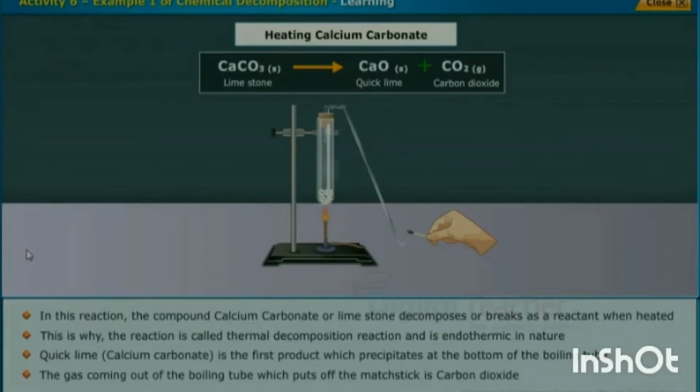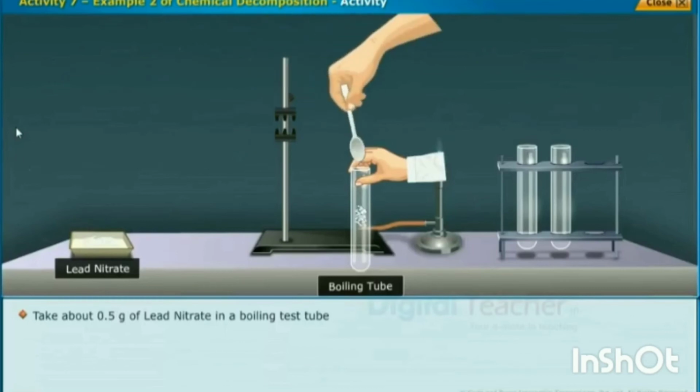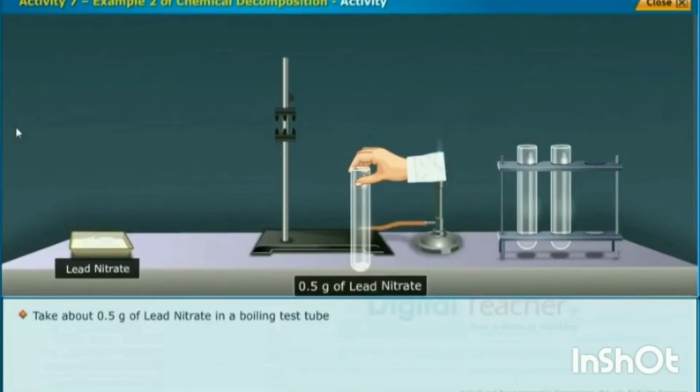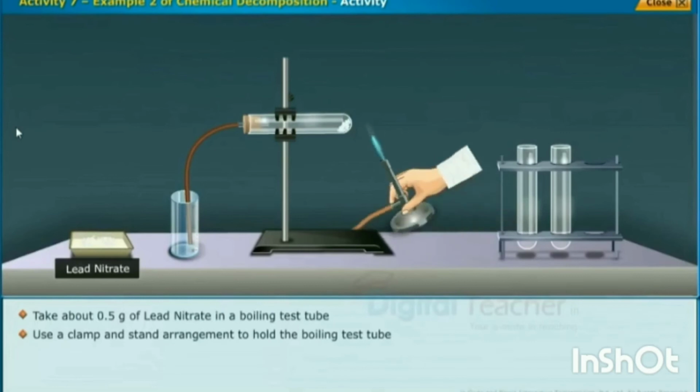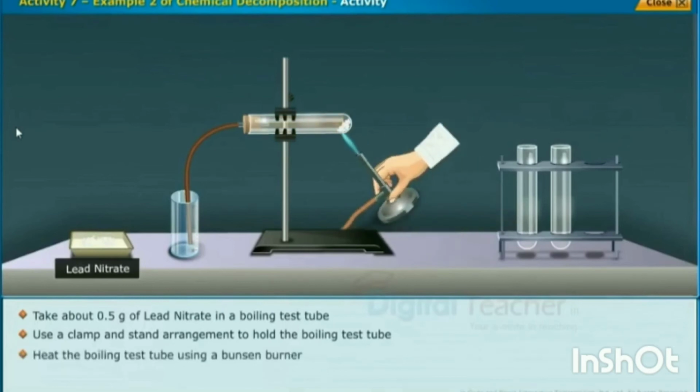Let's see another example. We take 0.5 gram of lead nitrate in a boiling test tube. Then we heat this lead nitrate with the Bunsen burner, and as we can observe, a brown color gas is coming out.